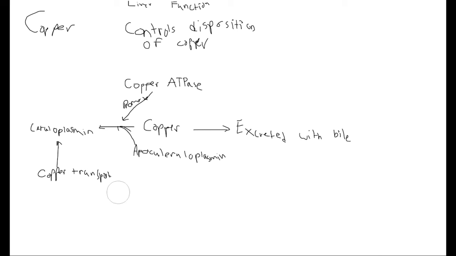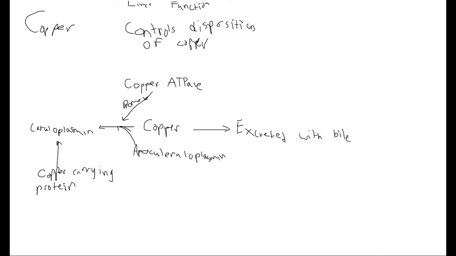It's a copper carrying protein in the blood flow. So copper is used to produce a copper carrying protein, and then this protein will carry copper in the blood.